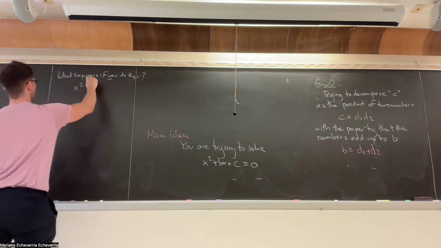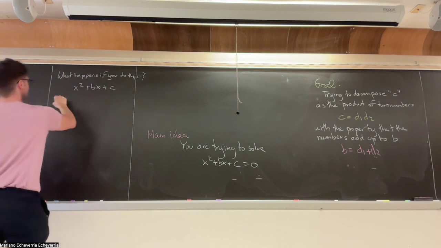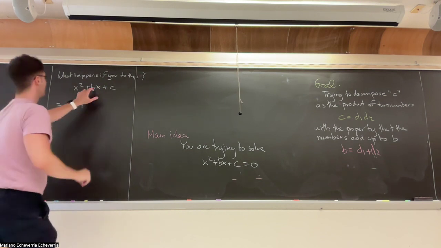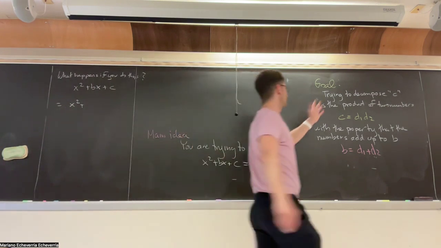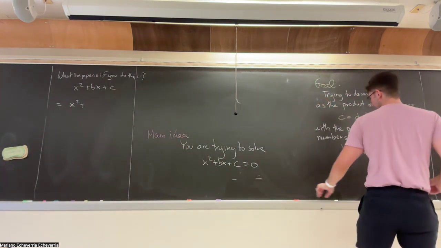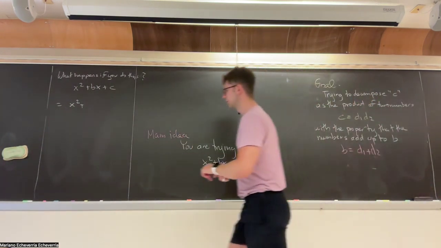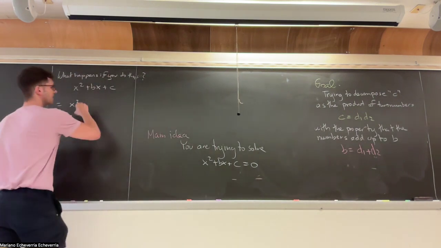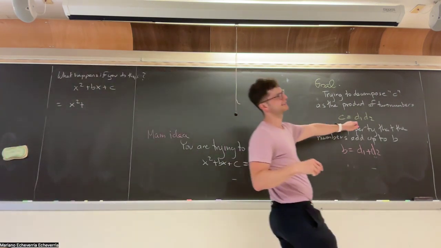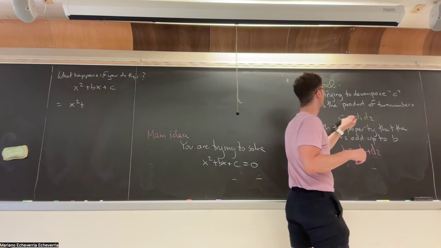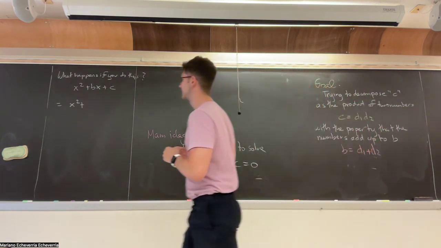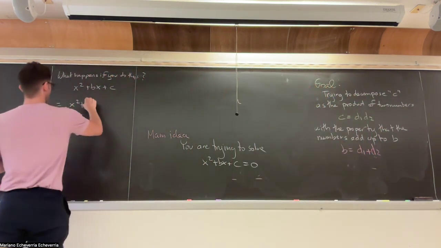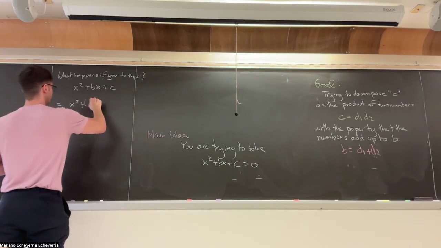Well, what occurs is that if you succeed in doing this, then B becomes the sum of these two numbers, D1 and D2. Here D1 and D2 stand for divisor. So these are numbers that divide, or factors of B. D1 plus D2.